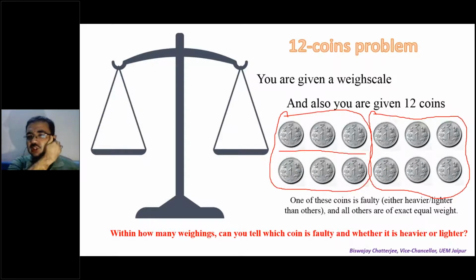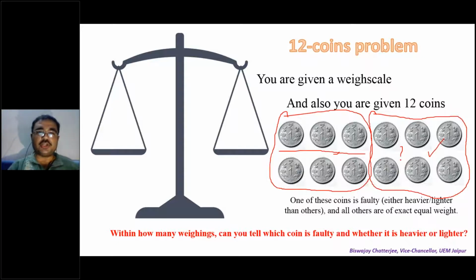Suppose they measure the same, then you are left with 6 coins to know which one of these is heavier or lighter. Suppose you divide them into 3 and 3 and measure, and you find that they are the same. Then you are left with these 6, in which the question is which one is heavier or lighter. Can it be done in the remaining 2 weighings? Difficult. So the solution is somewhat different.